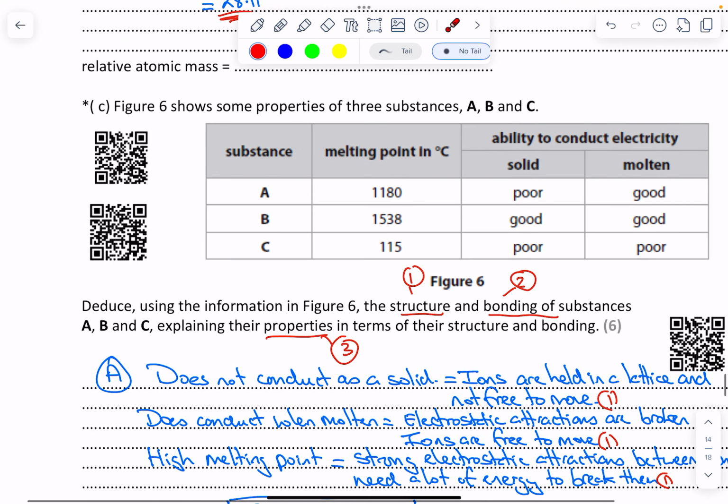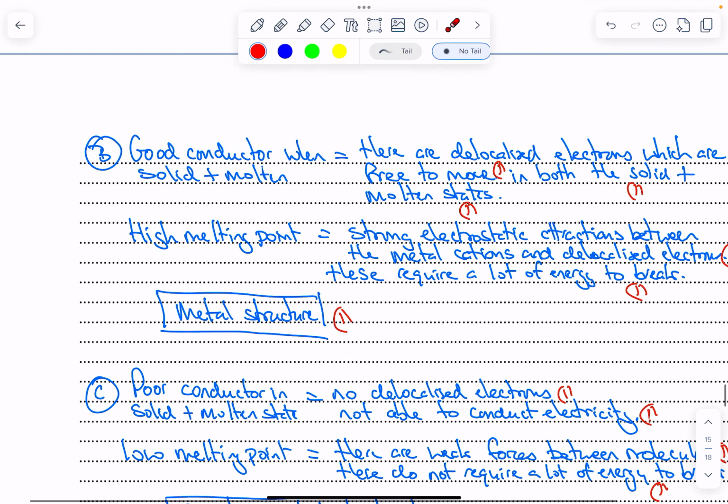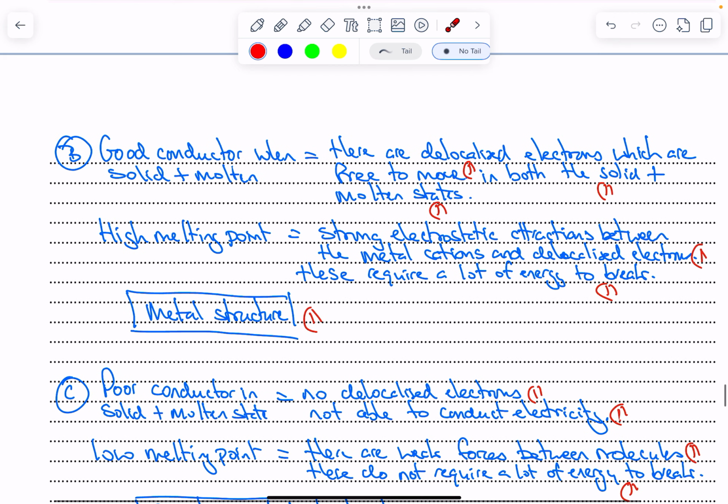It also has a high melting point, which suggests that the attractions in there are strong. So there are strong electrostatic attractions between the metal cations and delocalized electrons, and these need a lot of energy to break. So this one is a metallic or metal structure.